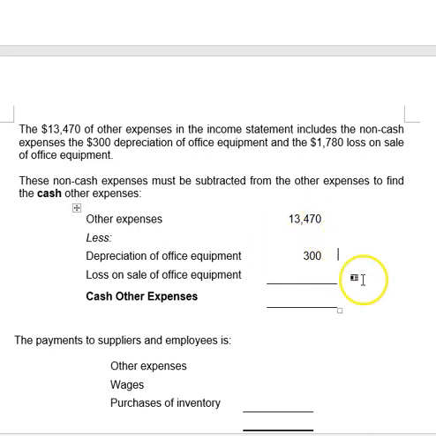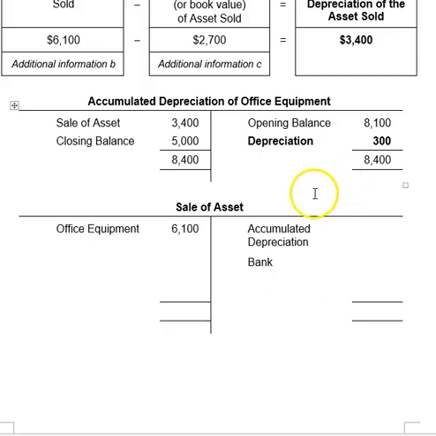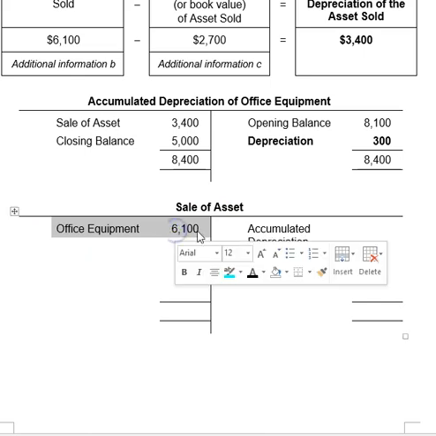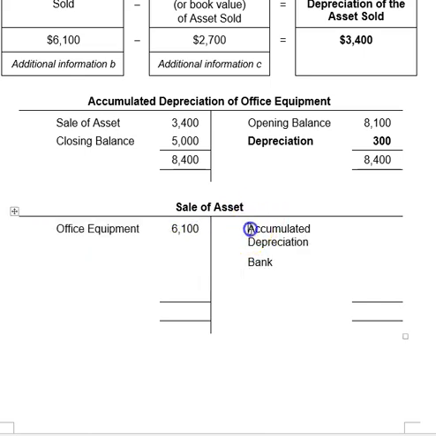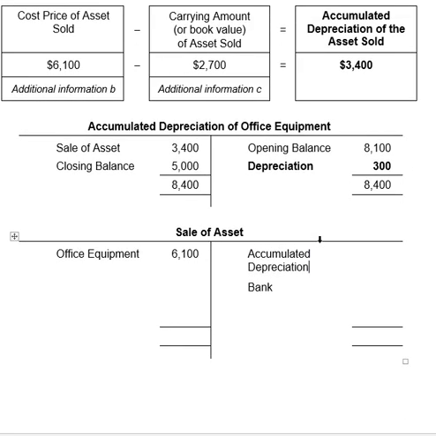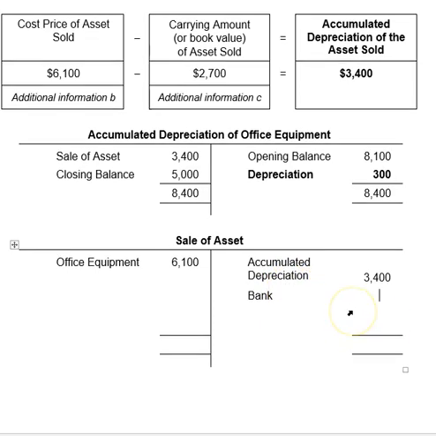Now we will look at our sale of asset account. Just now I already mentioned that you need to record the cost price of your office equipment that you have sold. Then you have to record your accumulated depreciation of the office equipment that you have sold. So the accumulated depreciation of the office equipment that I have sold is 3,400. So you put in your 3,400 here. Next, I need to record the amount of cash that I received from the sale of asset.